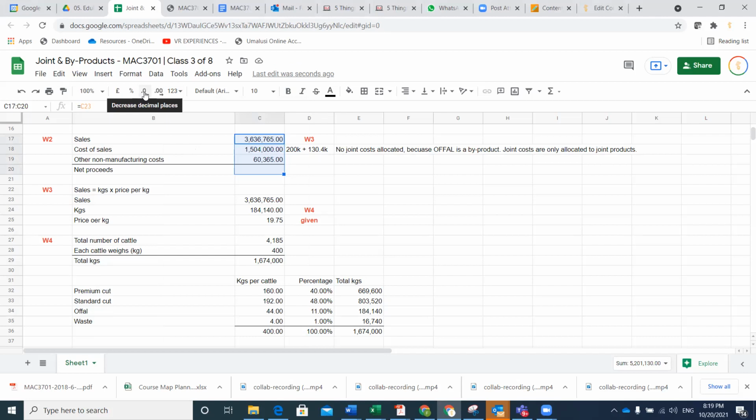I mean 44, sorry. So you said 44 is the kg. Yeah. So what I did is I took 4185, which is the budgeted purchases, times the 44 kgs of the offal, and times the 19.75, and I got the exact same number.